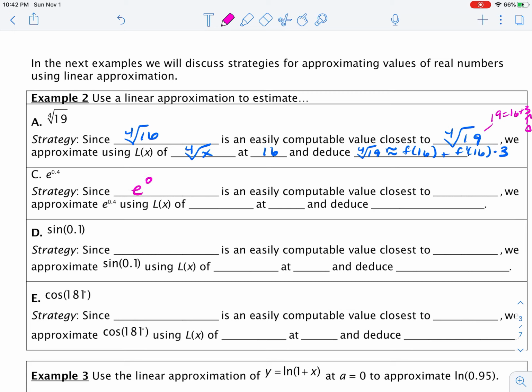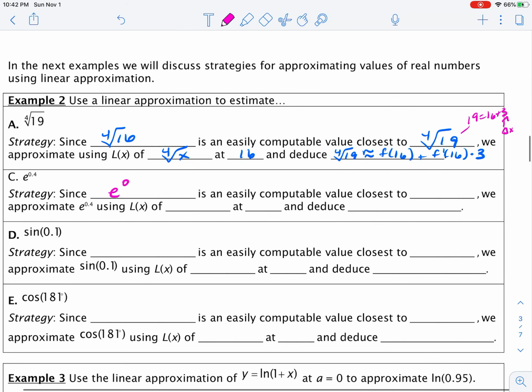So I'm going to say since e to the 0 is an easily computable value closest to e to the 0.4, then we can approximate e to the 0.4 using the linearization or the linear approximation of e to the x at 0, right?